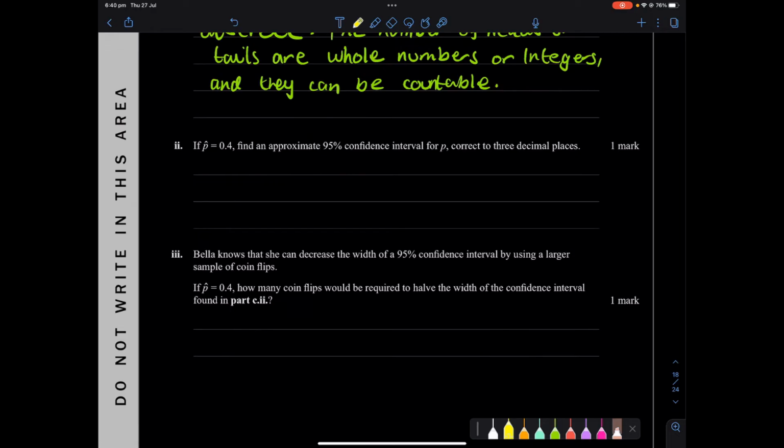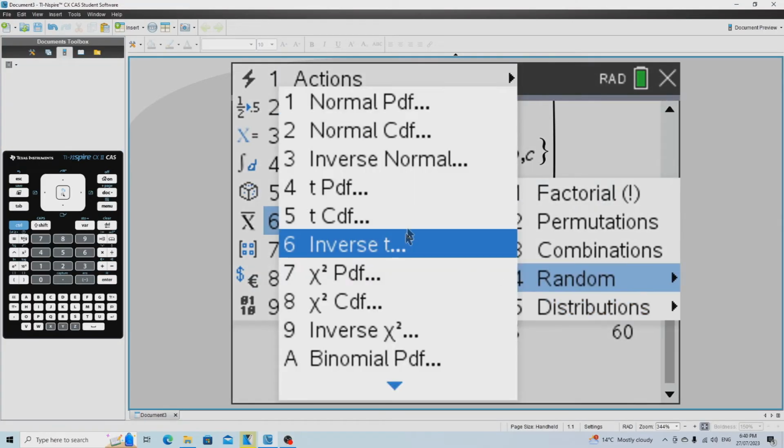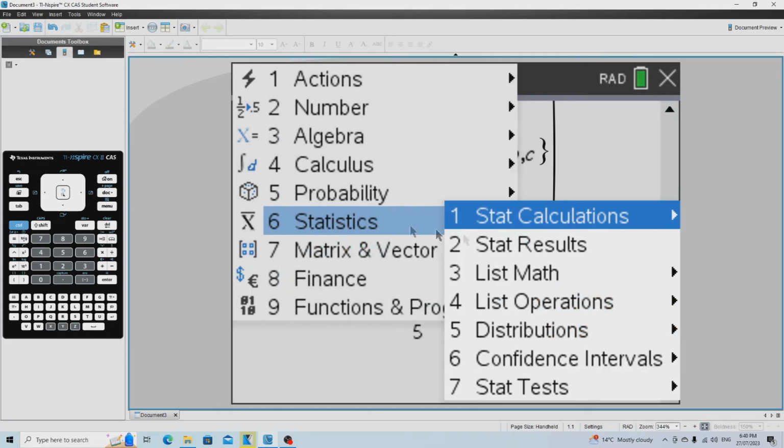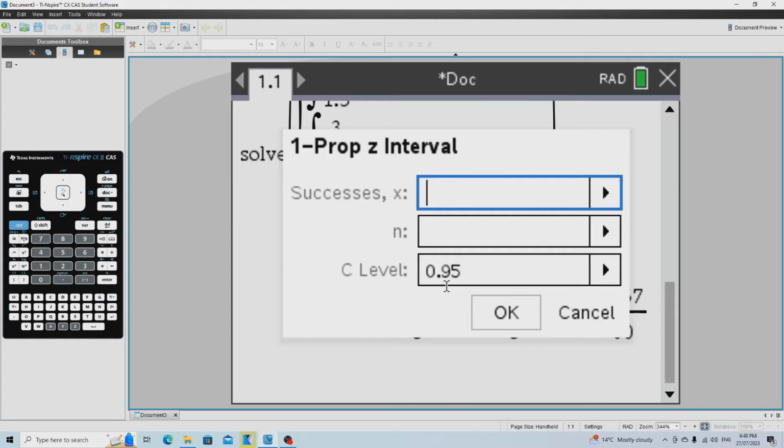If p hat is 0.4, find the approximate 95% confidence interval for p. It's 1 mark, so I'm going to do it on the calculator.